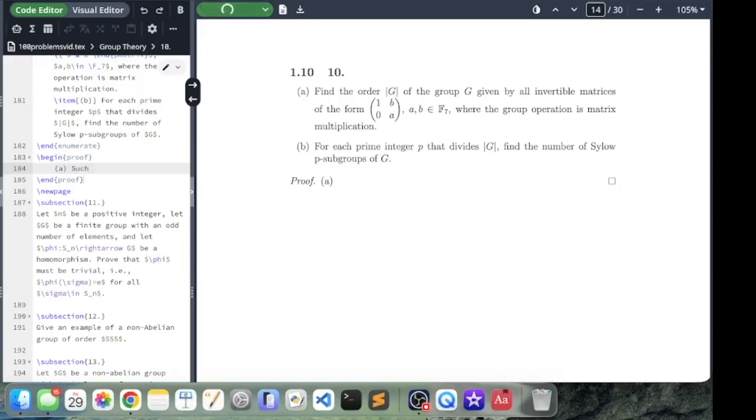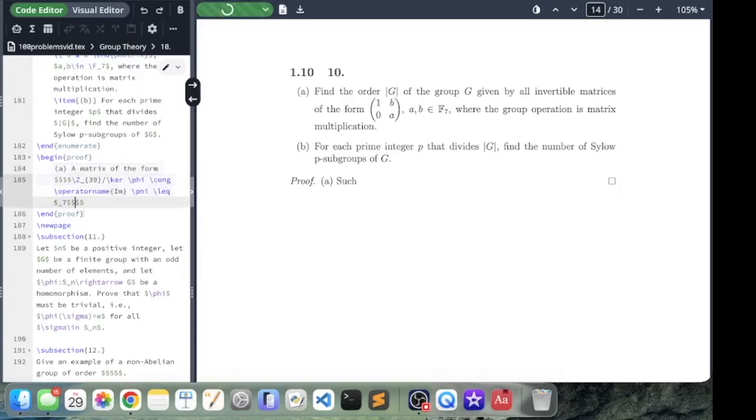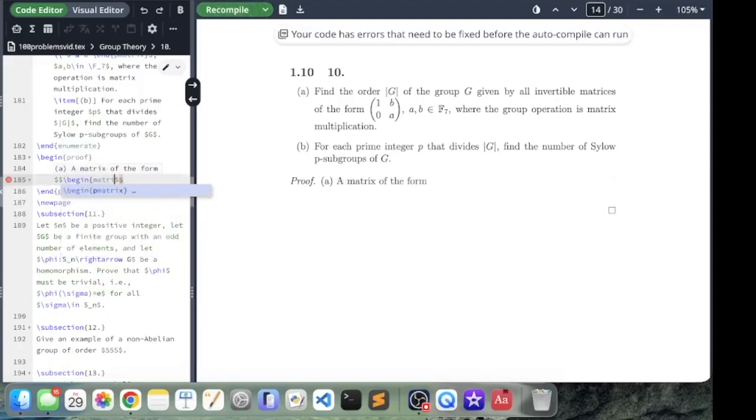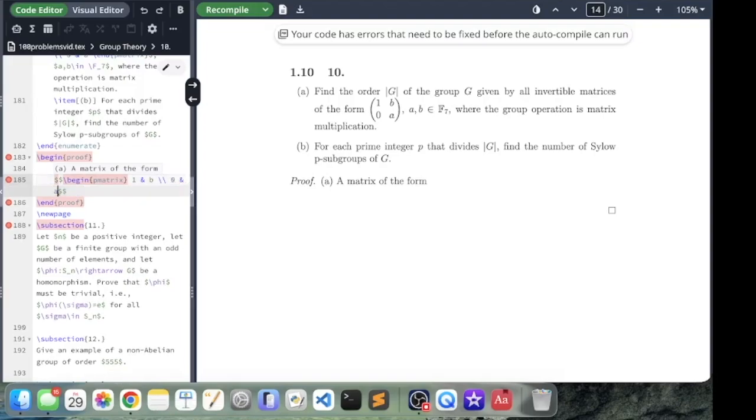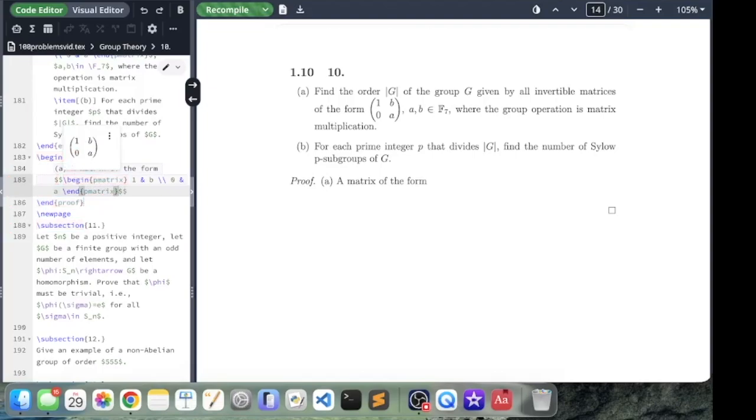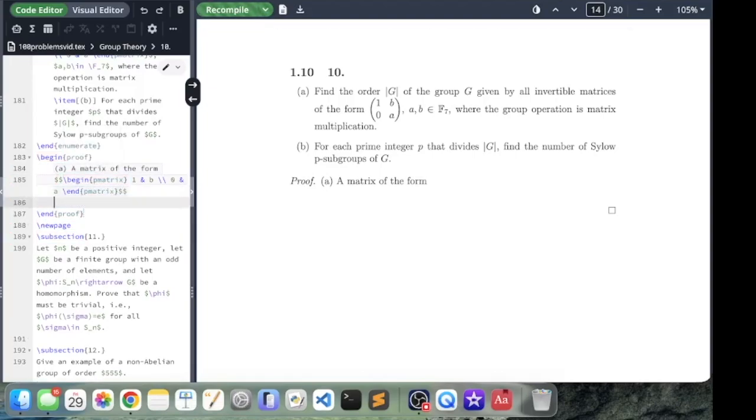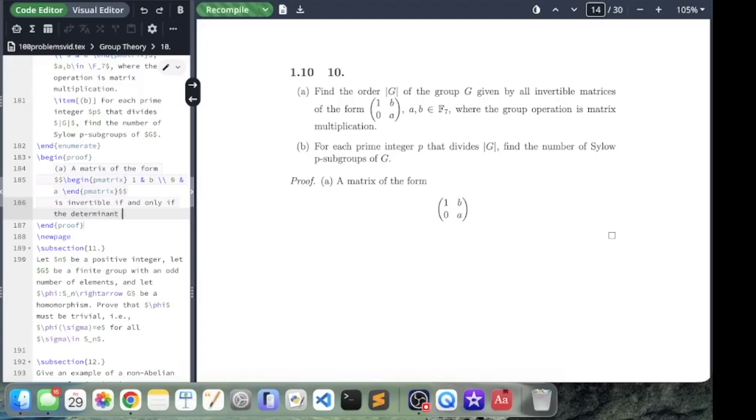So, a matrix of the form, let's see, we have 1 and B, 0 and A. A matrix of the form is invertible if and only if the determinant is non-zero.